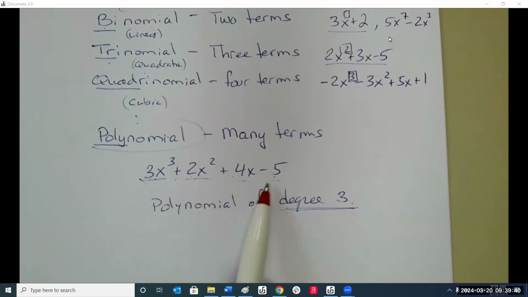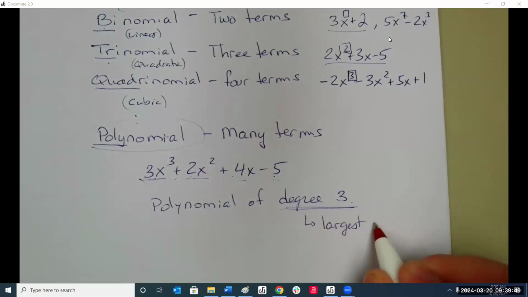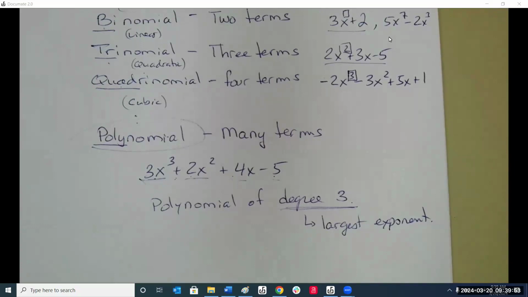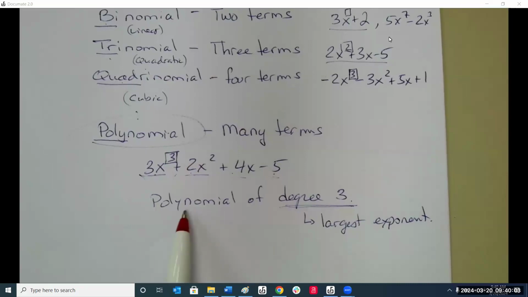The degree is the largest exponent. So since the largest exponent is a 3, it's a polynomial of degree 3.